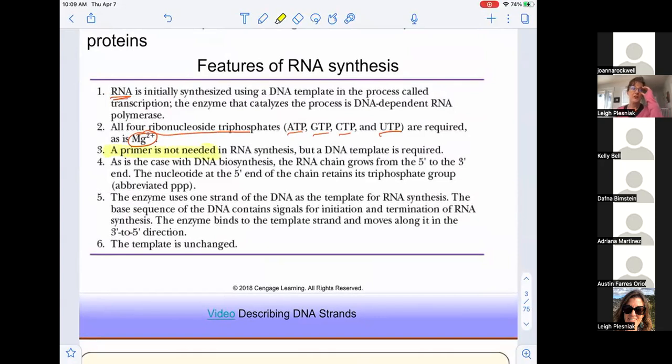So RNA polymerases do not have a requirement for that 3' hydroxyl, but they do need a DNA template to know what sequence to make, which I think would be pretty intuitive. Just like DNA polymerases, synthesis goes 5' to 3', which means that the template will be 3' to 5'. And the template is unchanged.